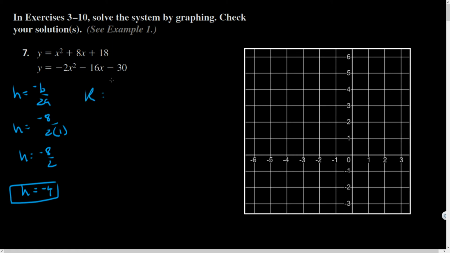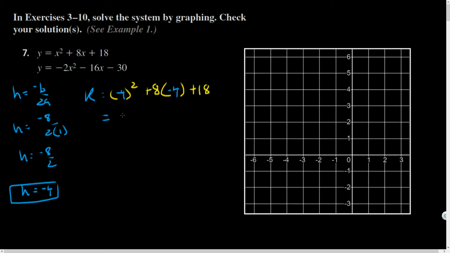So there's H. To find K, I would then take this H and plug it back into the equation. So I'd have x squared plus 8 times x plus 18. So K is going to equal negative 4 plugged in for H here, right?